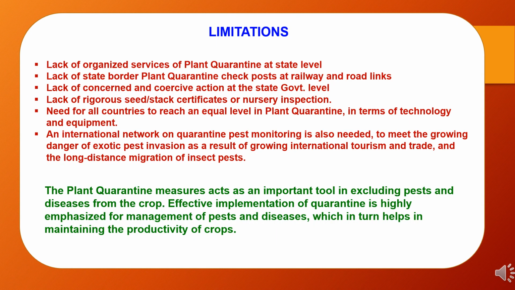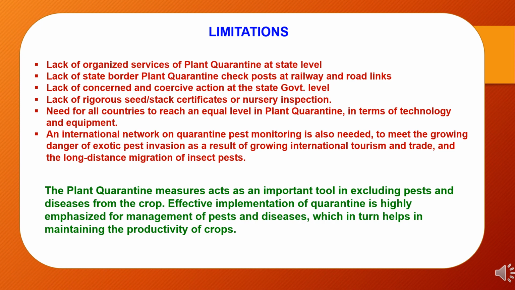Plant quarantine is very important, but there are some limitations, like lack of organized plant quarantine services at state level, lack of state border plant quarantine checkposts at railway and road links, lack of concern and coordinated action at the state government level, and lack of rigorous seed or stake certificates or nursery inspections.